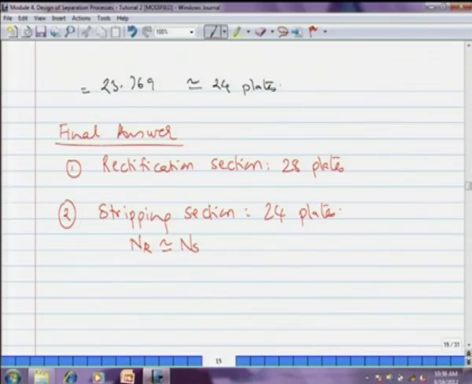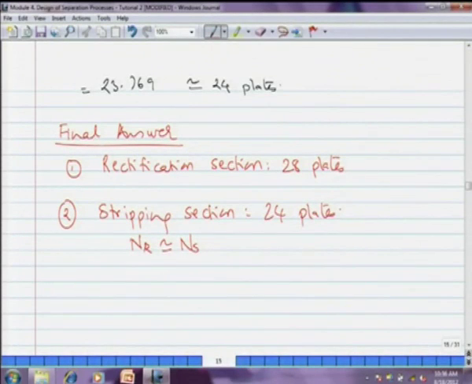Now, typically for a close boiling mixture where alpha is anywhere between 1.2 to 1.5, 1.6, this is the answer that you are likely to get, that the number of plates in the rectification and stripping sections are more or less the same. Here we have only a difference of 4 plates, but if you see the percentage difference, 4 divided by 24 is only about 15%.